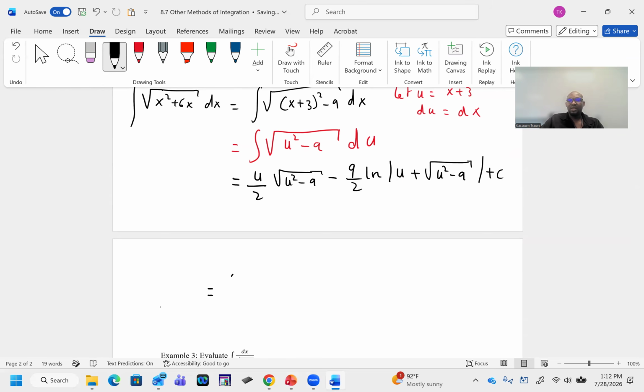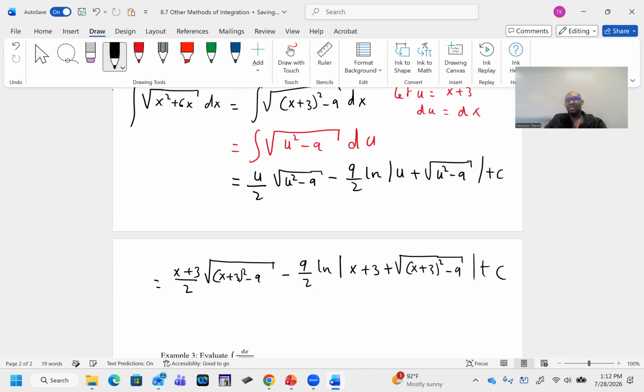So I will have (x plus 3) divided by 2 times square root of (x plus 3) squared minus 9, minus 9 divided by 2 ln of the absolute value of x plus 3 plus square root of (x plus 3) squared minus 9, plus c, and the rest is you just have to simplify.